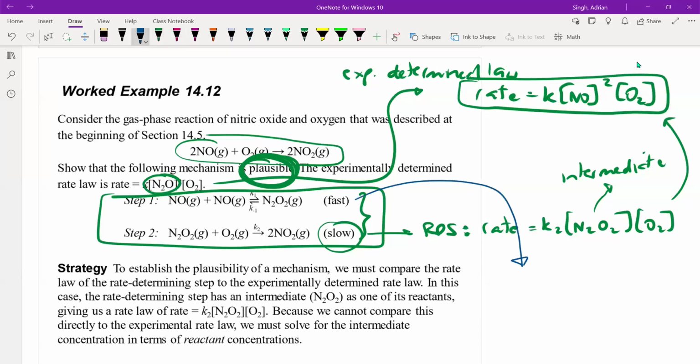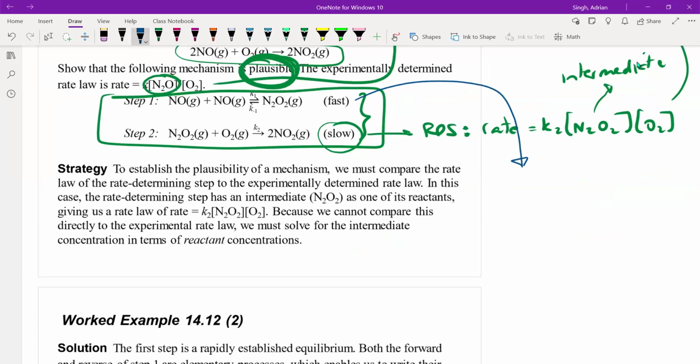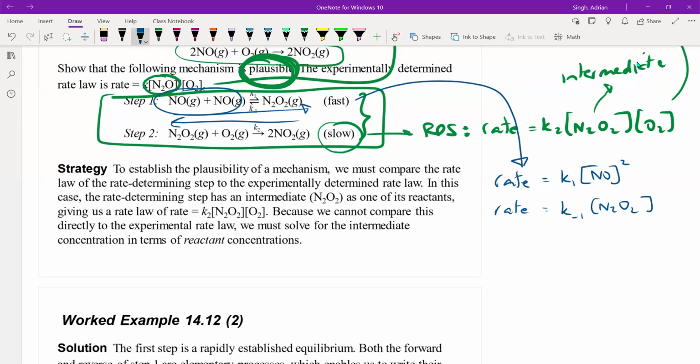Okay, so we know then that the rate of this fast step in the forward direction needs to equal the rate in the reverse direction. So we can write the rate in the forward direction, and that's equal to K1 times the concentration of the reactant. So we have NO squared, and then the rate in the reverse, going from right to left, would be K-1 times N2O2, and the coefficient there is 1.